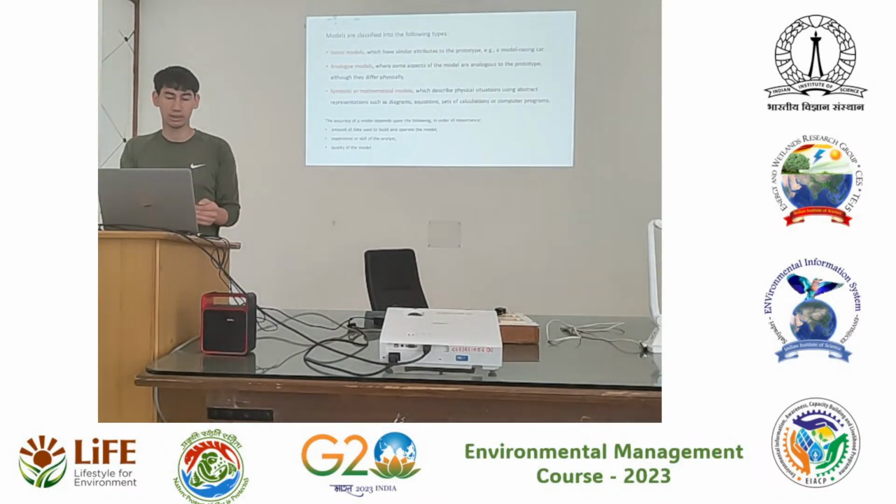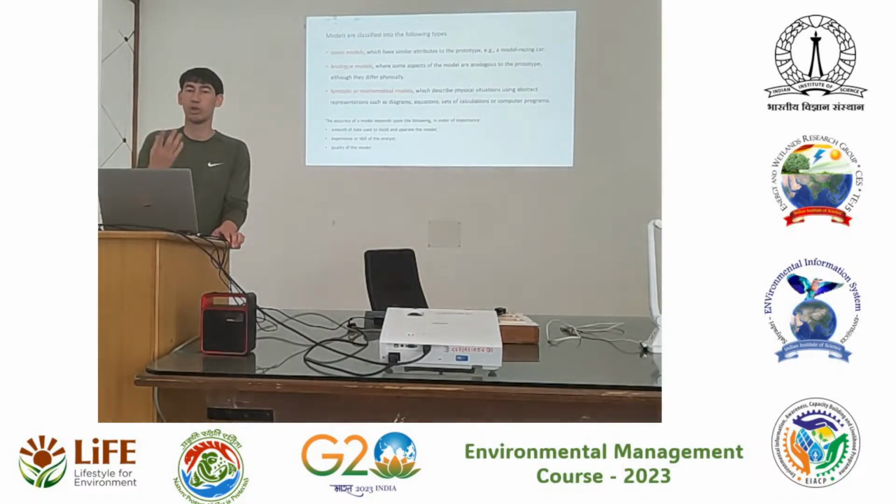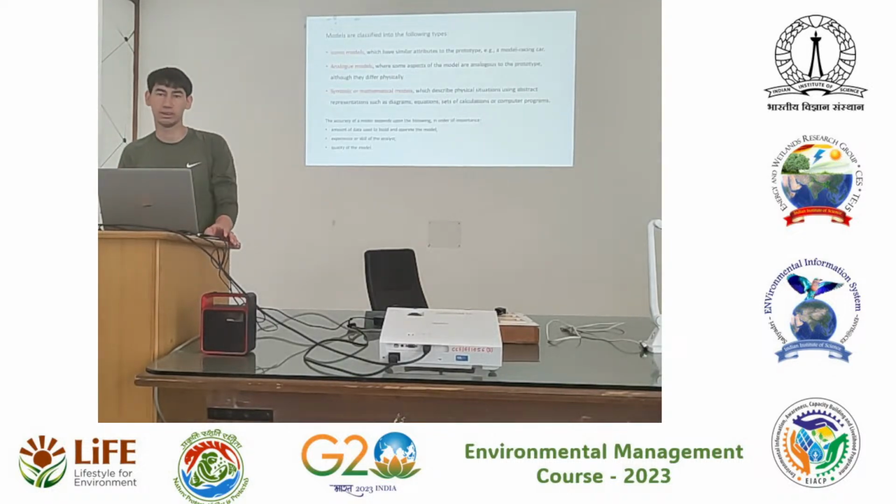There are mainly three types of models. The first is the identity model, which has simple attributes of the prototype. An example is a model replica of a rocket propulsion system, where you can see how the parts fit together. Second are analog models, where some aspects of the model are analogous to the prototype, but they can differ physically from the actual project.